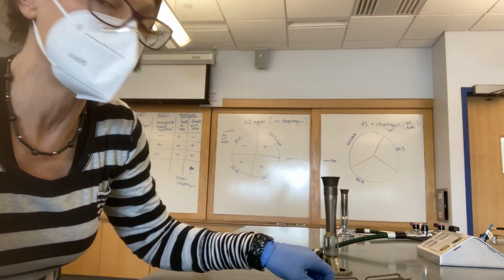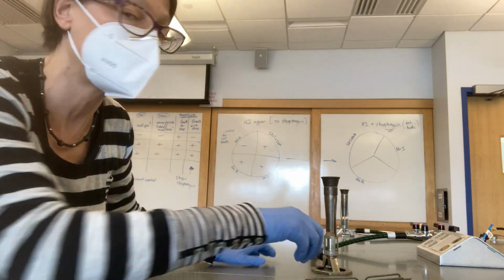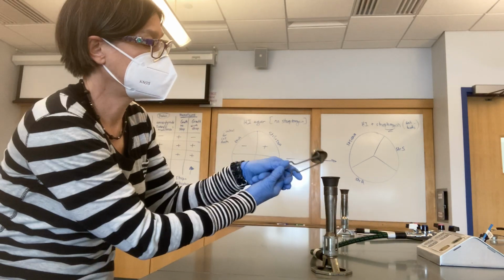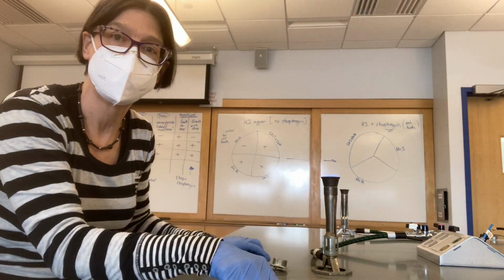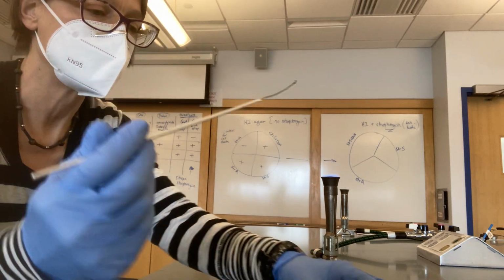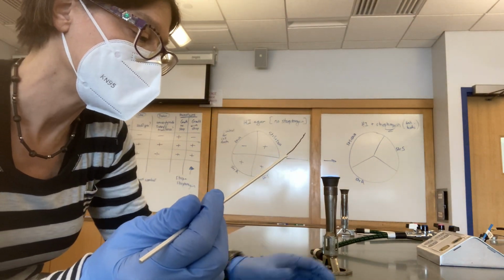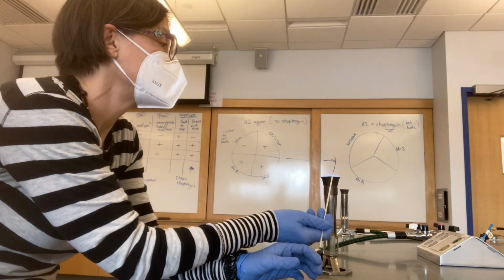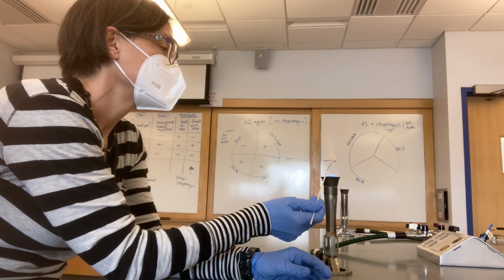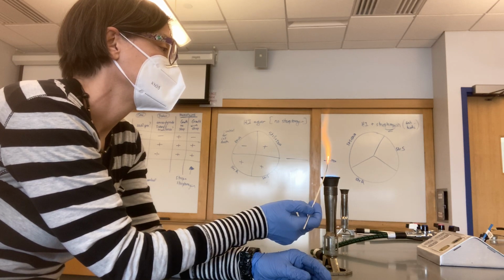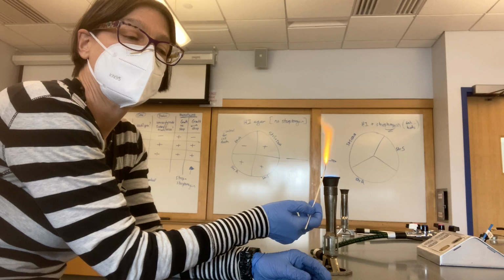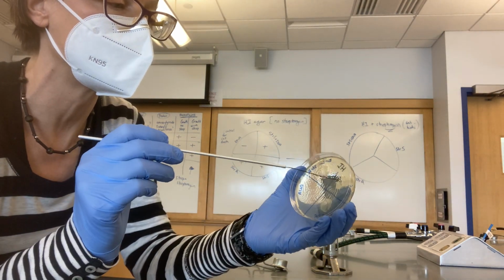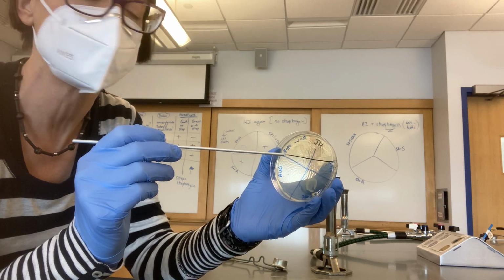Then I'm going to get my inoculating loop out, and I'm going to fire up the Bunsen burner. Voila. I'm going to start by transferring the STRS cells. I'm going to flame the loop until it's red hot, and then cool the loop in the STRS just at the edge where there are no cells.